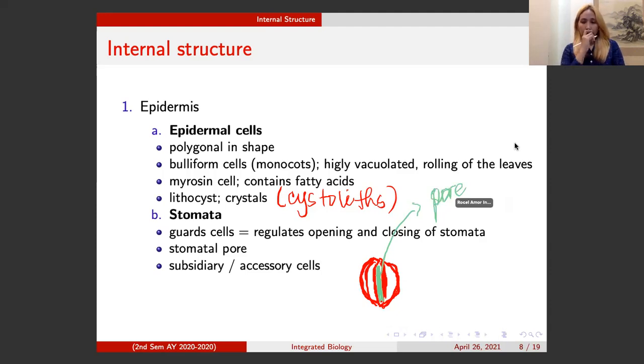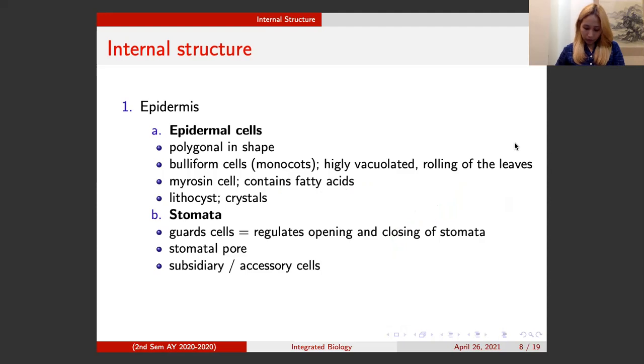And then in different types of plants, there are different numbers of subsidiary or accessory cells. So, wait, let's clarify, let's repeat.